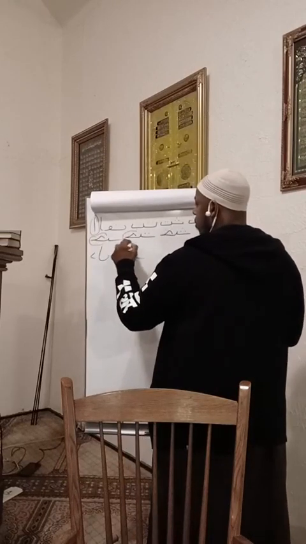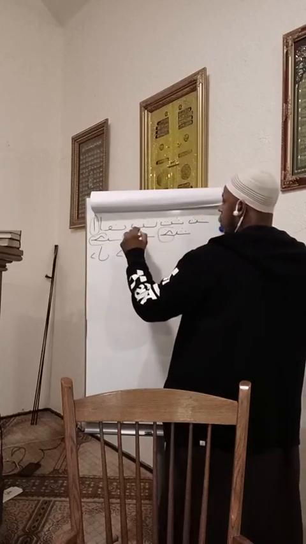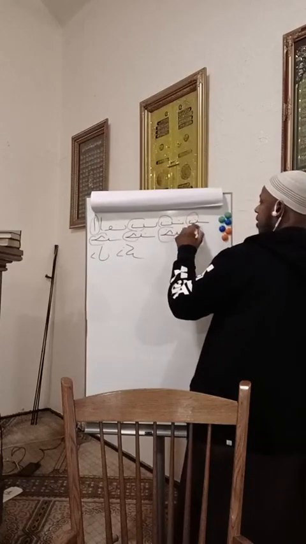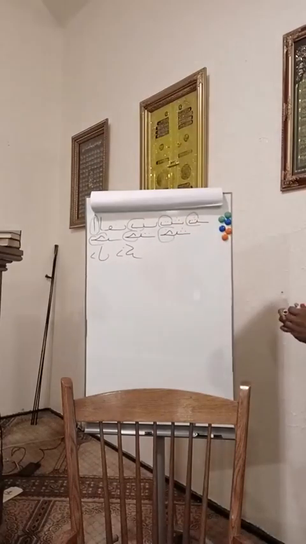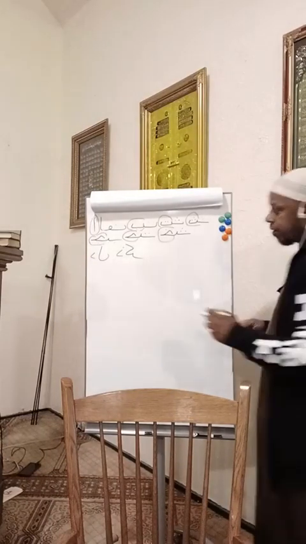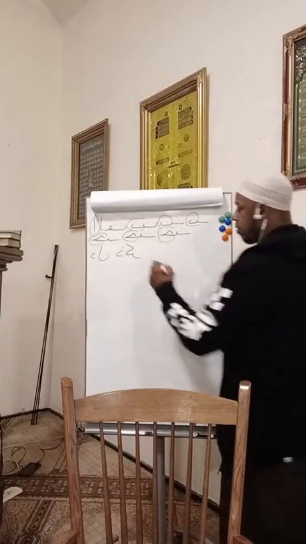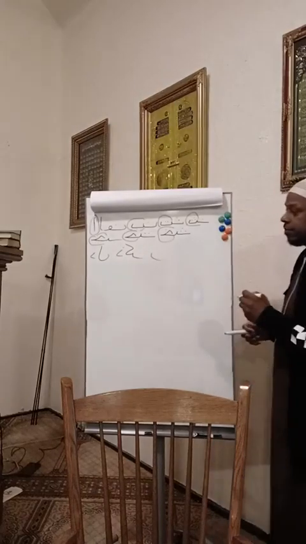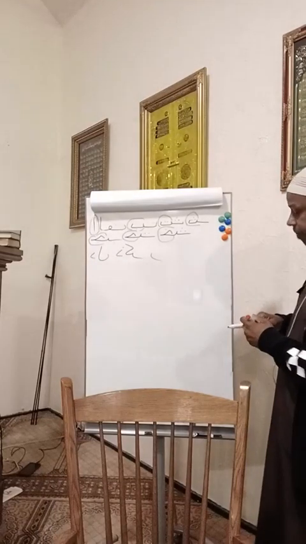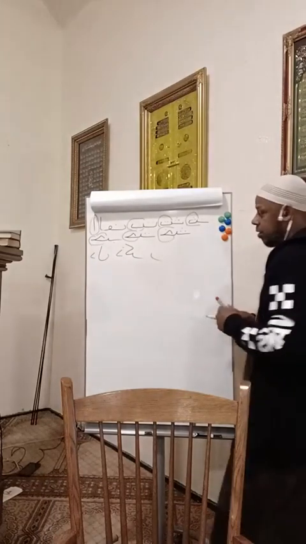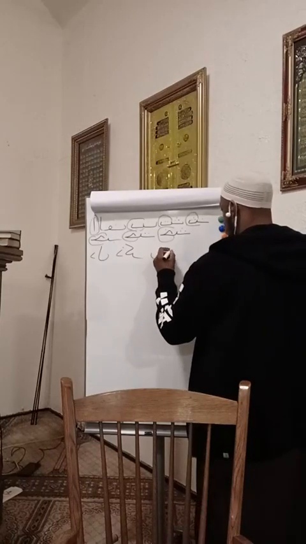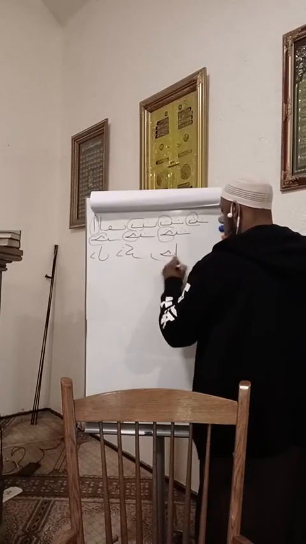Jeem, ha, kha, dal. Right? What's the next letter? Ra. Make that, right. Ra's like this. Right? We can go into it, we can't come out of it. So if we wanted to say, for example, coming out is isolated.